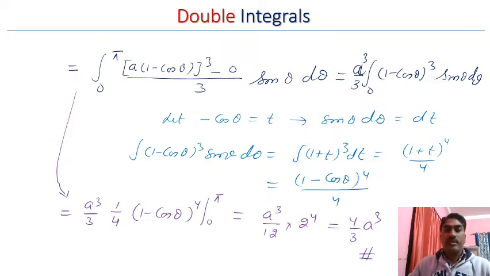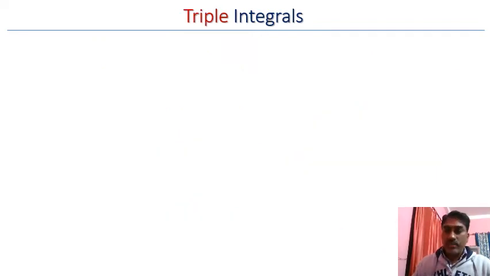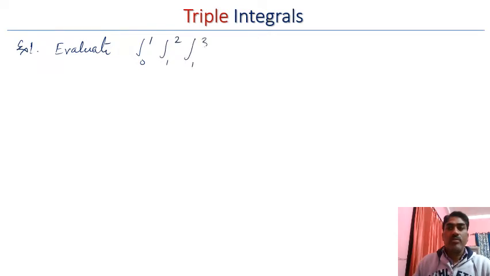Now we will learn triple integrals. So in triple integrals, we will also learn step by step. First, an integral with all the constant limits. So example 1, evaluate the integral with limits 0 to 1, 1 to 2, and 1 to 3 of x square y z dx dy dz.